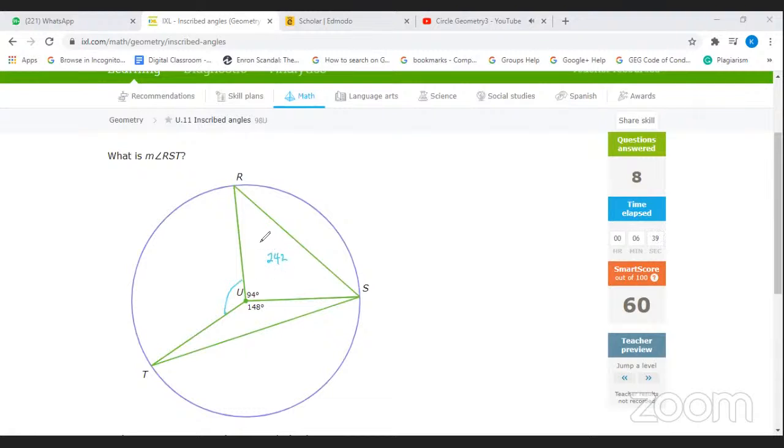If you remove it from 360 degrees, that will be 118. Divided by 2, you get 59. So this is 118, and the whole of this place will be 59.